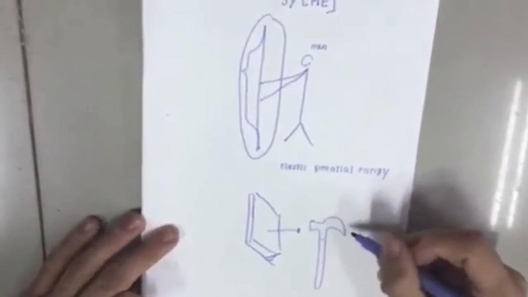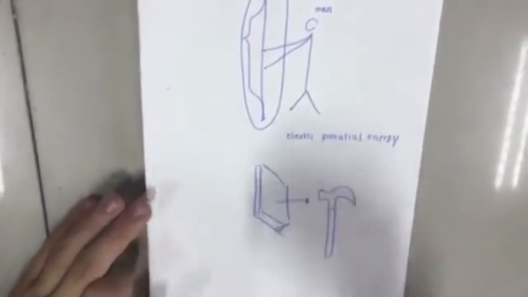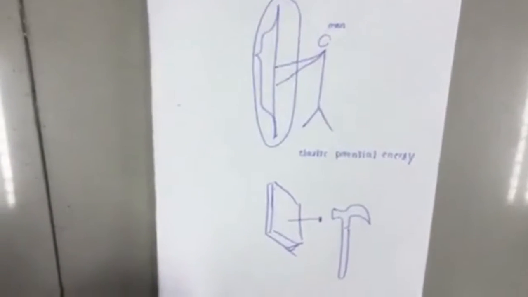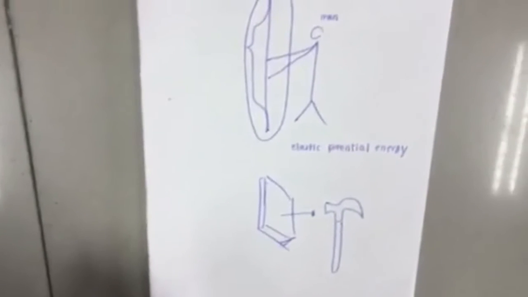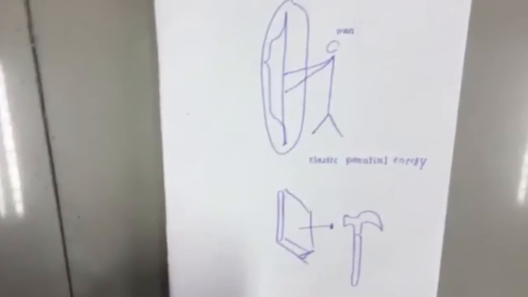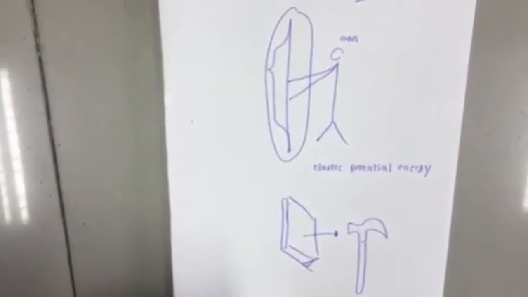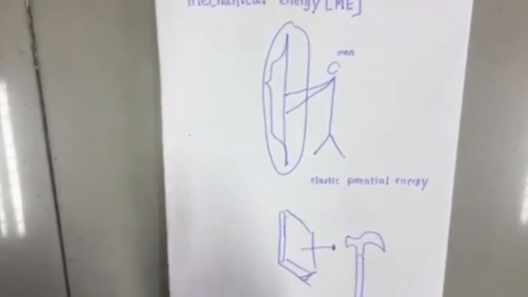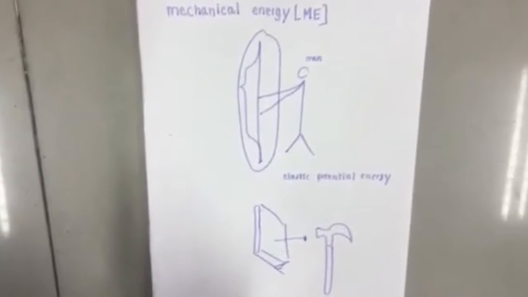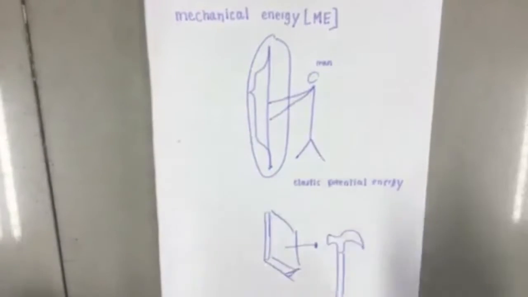This is a hammer and this is a nail. A hammer is a tool that utilizes mechanical energy to do work. The mechanical energy of a hammer gives the hammer its ability to apply force to a nail in order to cause it to be displaced. Because the hammer has mechanical energy in the form of kinetic energy, it is able to do work on the nail. Mechanical energy is the ability to do work.